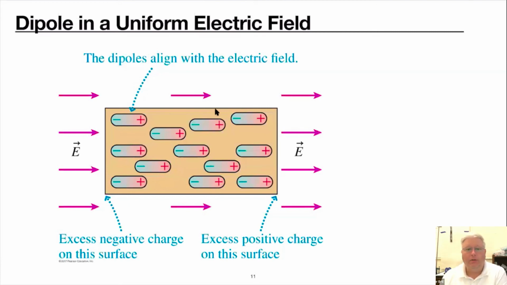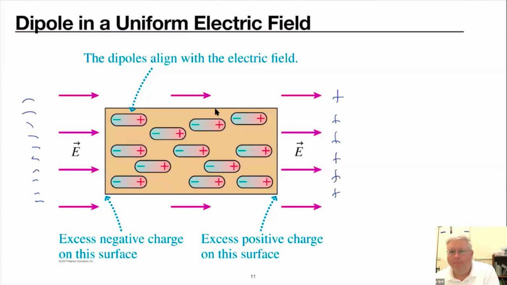The result is that the sample of water molecules becomes polarized, so that the excess negative charges flow to one surface, and positive to the other surface. So we get this polarization occurring.